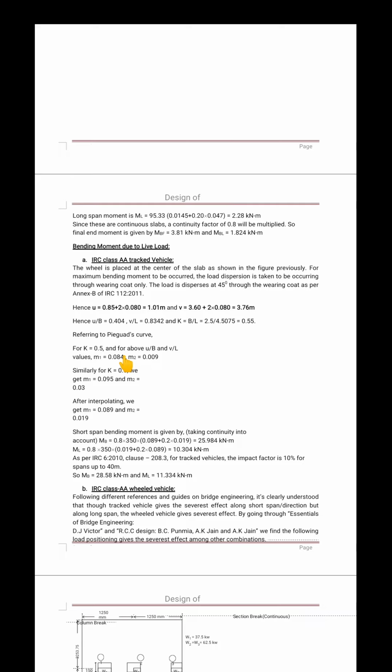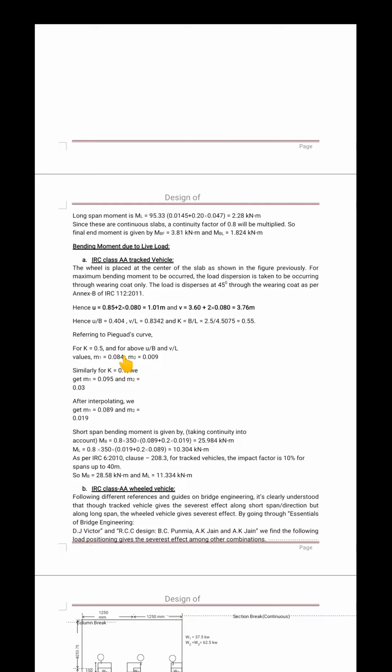Hence our u by b ratio, u is 1.01, b is 2.5, so u by b ratio is 0.404, and v by l ratio is 0.8342. To use Pigeaud's curves, we need to have the k value. The k value is b by l. b is 2.5 meter, and l is 4.5075 meters. So our k is equal to 0.55.